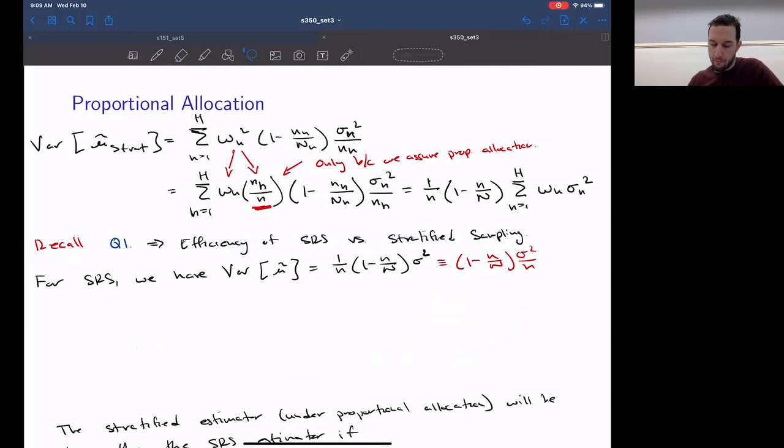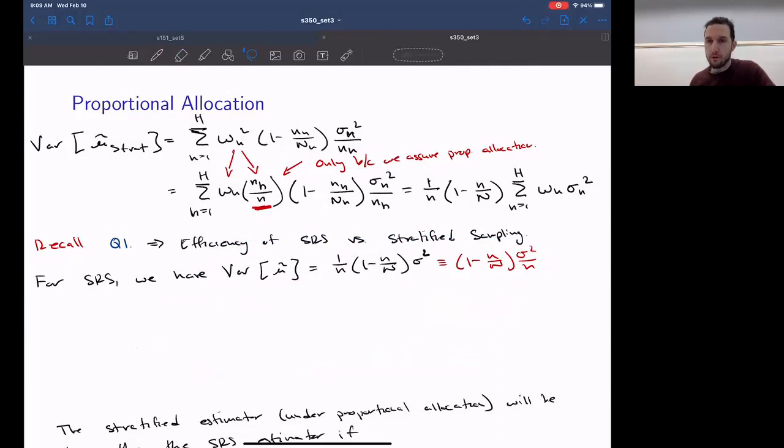So in this particular example, we want to compare the stratified sampling estimator of the mean to the SRS estimator of the mean. So to compare them, we want to compare the variance of the estimator for simple random sampling to the variance of the estimator for stratified sampling.